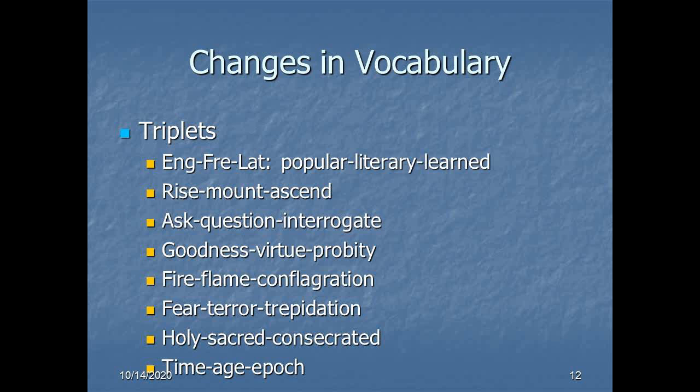That is, there are in English a great many English-French-Latin triplets, in which we have words from English, words from French, and words from Latin, meaning about the same thing, but hitting different social registers, with the English always registering lowest and the Latin always registering highest. That is, going from popular, what we might call, to literary, to learned language. Everyday, to the language of writing, to the language of intellectual discourse.